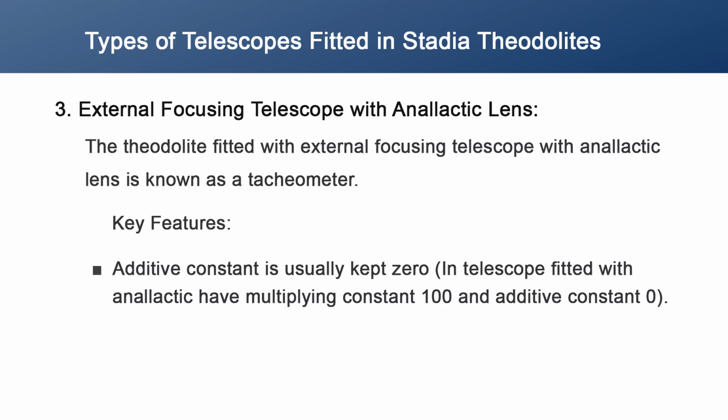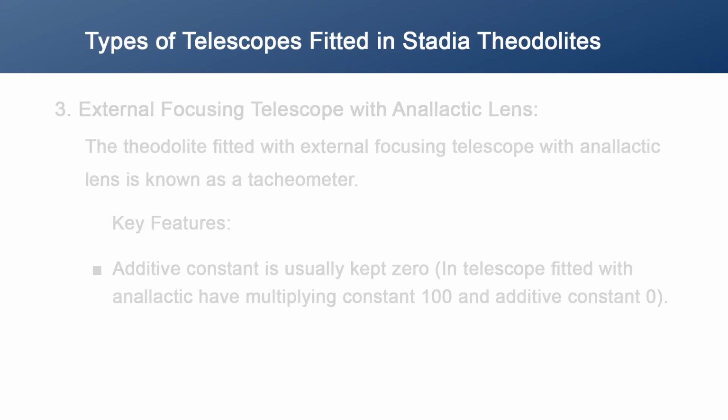When you add the special lens, the device becomes a tacheometer. The good thing about the tacheometer is that it is designed for super accurate distance measurement. The additive constant is usually 0, which means you don't have to adjust for any extra distance. And the multiplying constant is set at 100, making the calculation easier and more reliable.